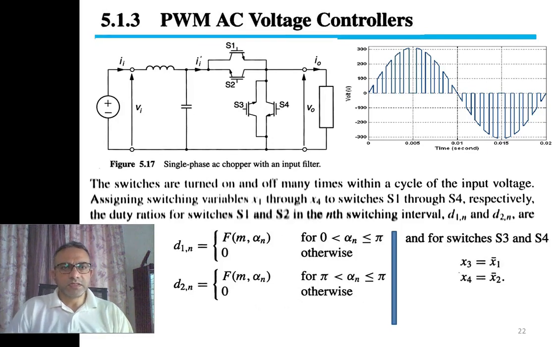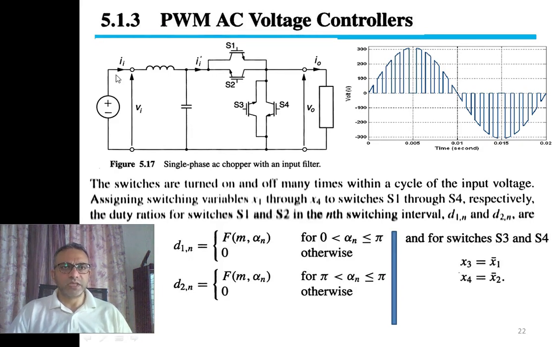In this figure 5.17, this is the circuit diagram for the PWM AC voltage controller. Here we have the AC source. The input voltage is represented by VI. Then we have the current.